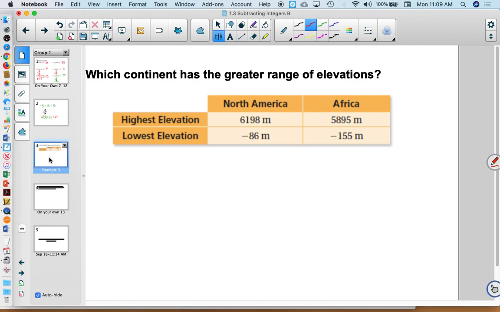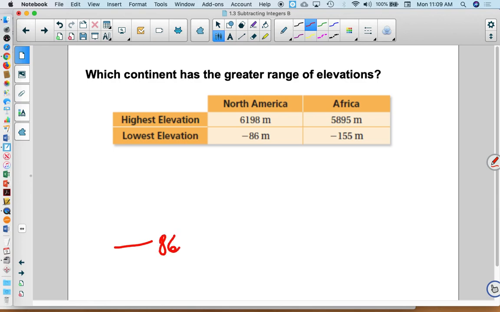So it's kind of telling you, if I'm sitting here in North America and one elevation is down here at 86 meters, we got 0 there, and the other one's up here at 6,198 meters, what's the distance between? Well, if I start out down here at negative 86, I have to climb how far to get to 0? 86. Its absolute value is 86. Then I have to climb another 6,198 to get to the other one.